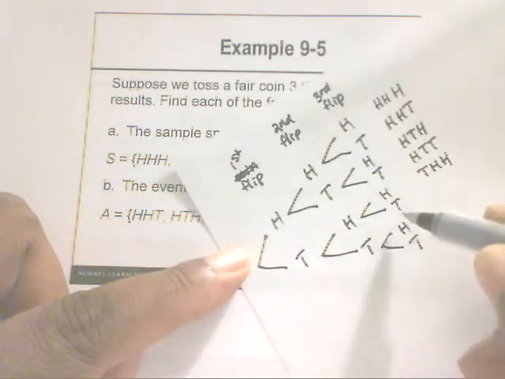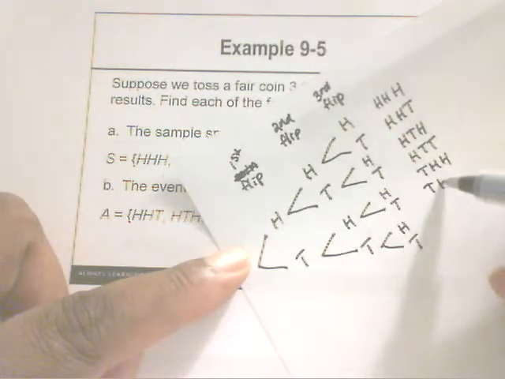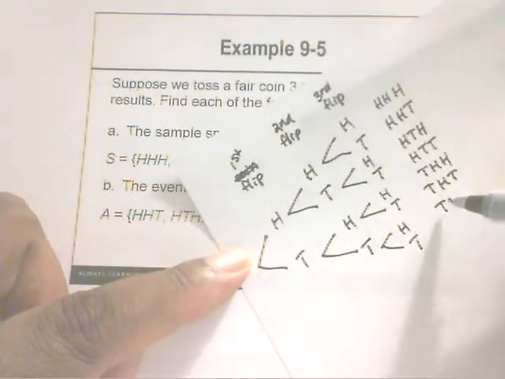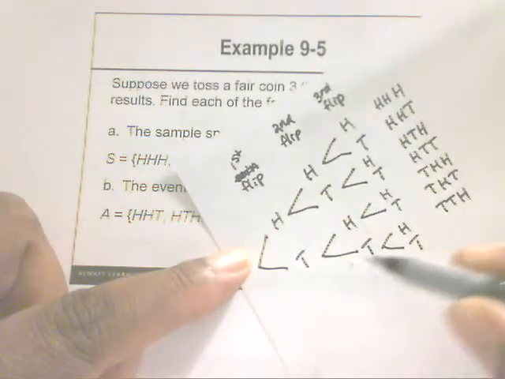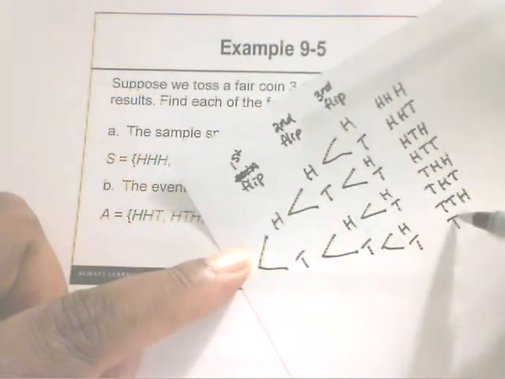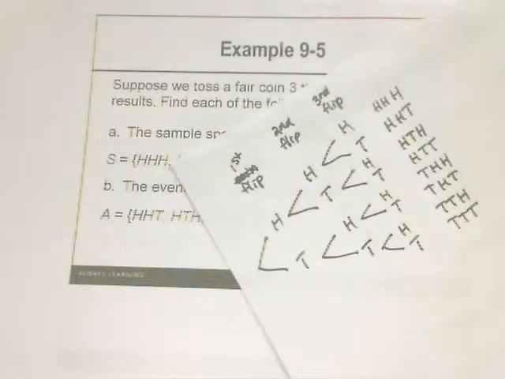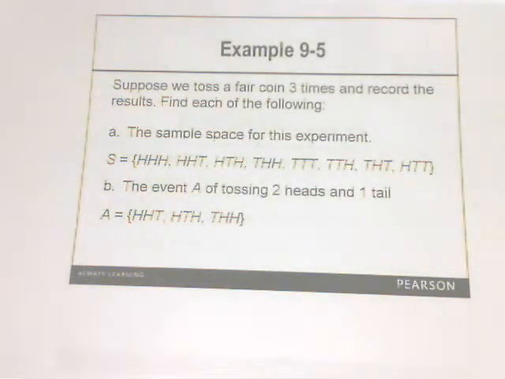Then tails, heads, tails. Then tails, tails, heads. Then finally tails, tails, tails. You can generate that by using a tree diagram. That's pretty much the easiest for me to use. So that tree diagram does give you that entire sample space.